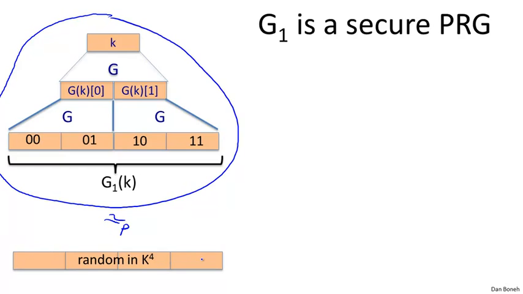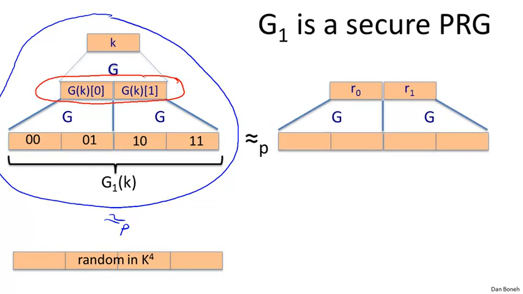Well, let's do it one step at a time. We know that the generator is a secure generator. Therefore, the output of the first level is indistinguishable from random. In other words, if we replace the first level by truly random strings, these 2 picked truly at random in the key space, then no efficient adversary should be able to distinguish these 2 distributions.